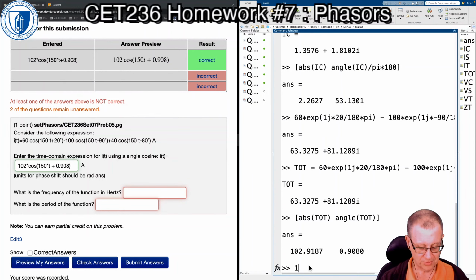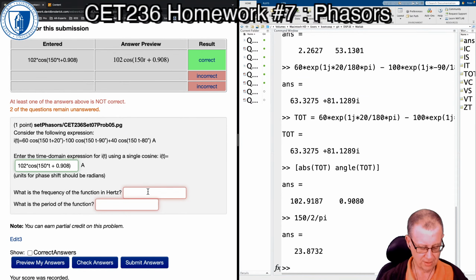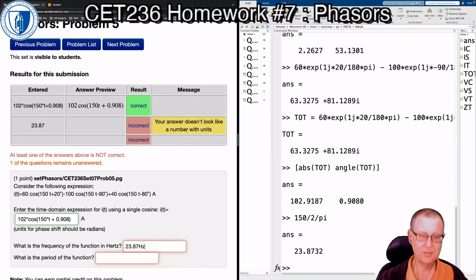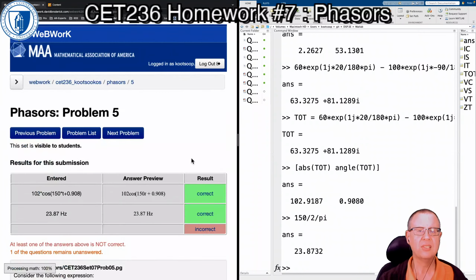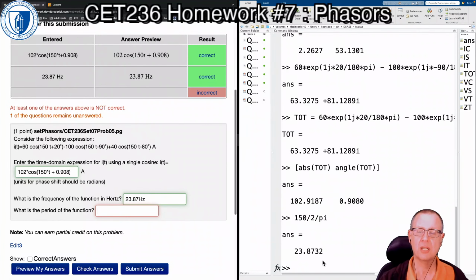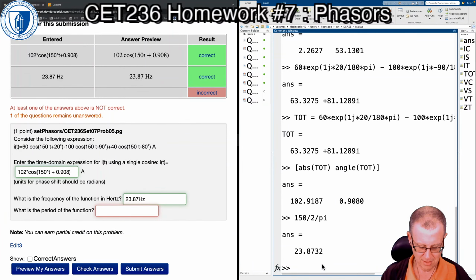Well, in radians per second it's 150, so I need to divide by 2 pi. That's 23.87. And I don't have units. Let's give it units. And then what is the period of the function? So the frequency is 23.87 cycles per second.